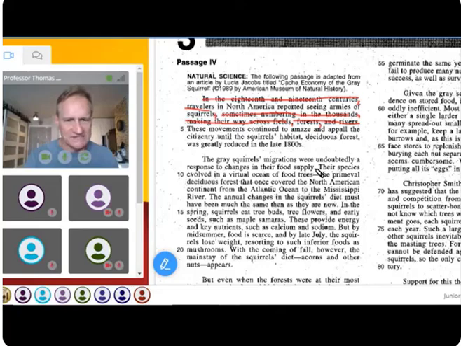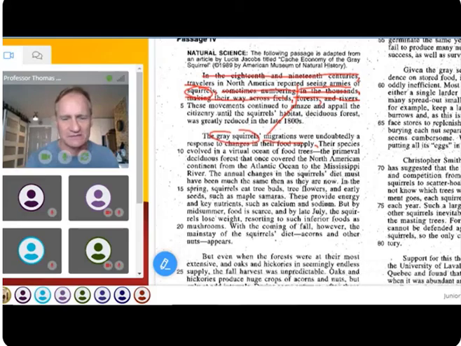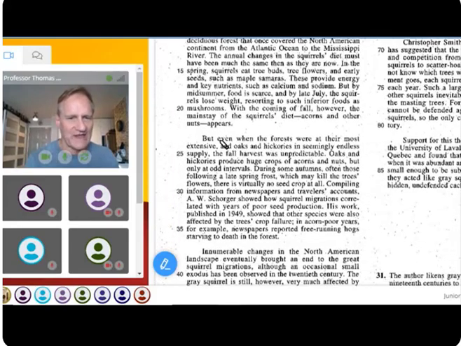It's pretty short. It says gray squirrels and migration. Do you see how the squirrels and traveling, seeing these armies? So it's just saying the same thing, shortened version. Pirate flag here, you see how it's capitalized? We saw it right away. It says, even when the forests at their most extensive and their oaks and hickory see an endless supply, the fall was unpredictable. Here is a dependent clause.